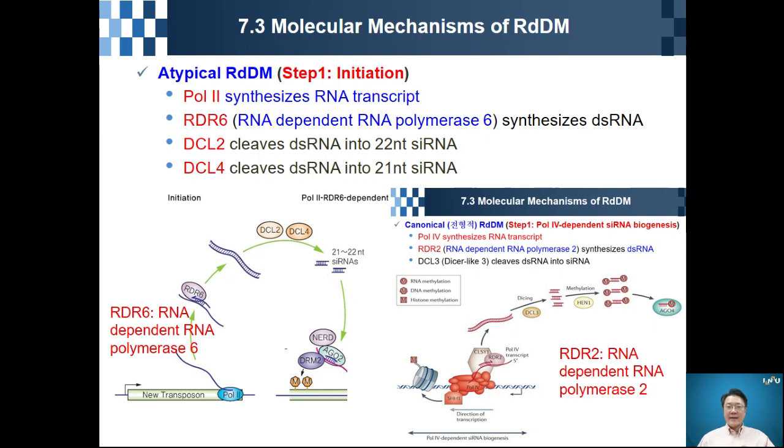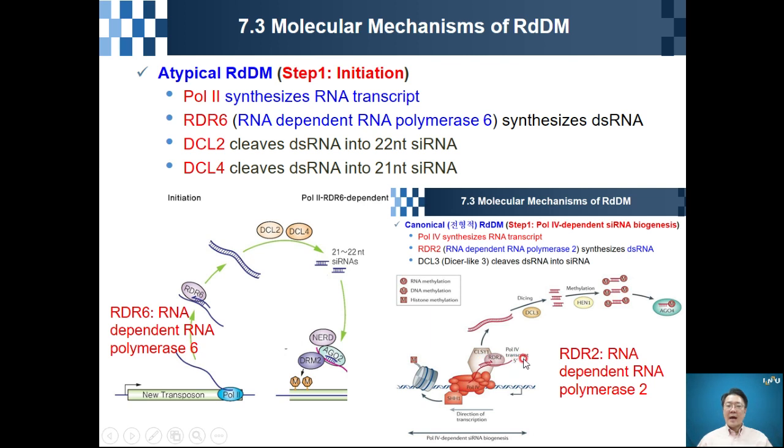So in this slide, I will explain the atypical RdDM. Atypical RdDM is also composed of 3 steps. In this slide and the following slide, we will focus on step 1. Okay, in the previous slide, we learned that in canonical RdDM, during step 1, RNA polymerase 4 synthesized the RNA transcript.